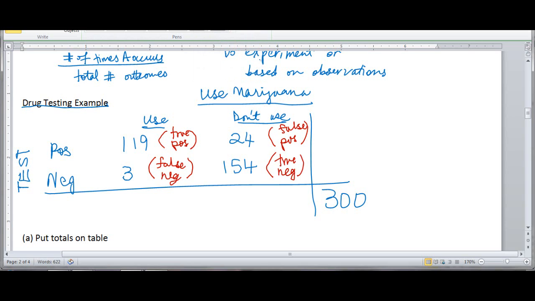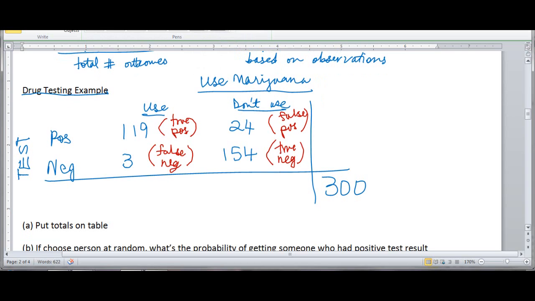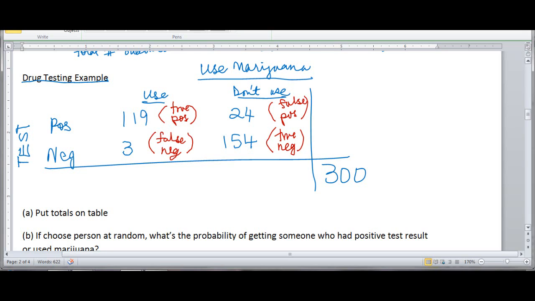So first thing you want to do is put the totals on the table. So calculate the row totals and the column totals. So the 119 and 3, 122. 24 and 154 is 178. And when you add these up, you get 300. Here you get 157.